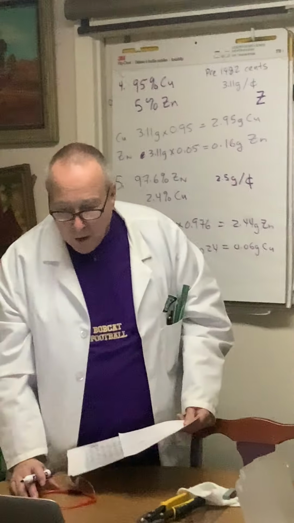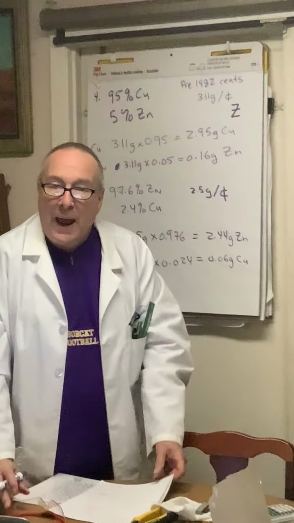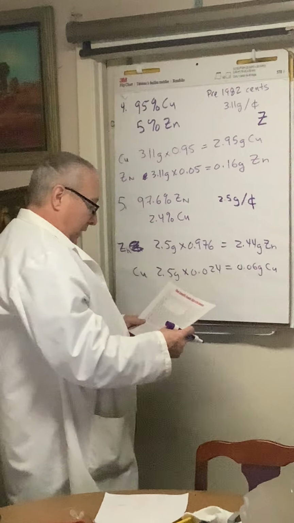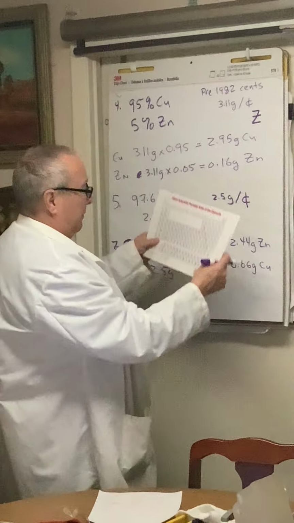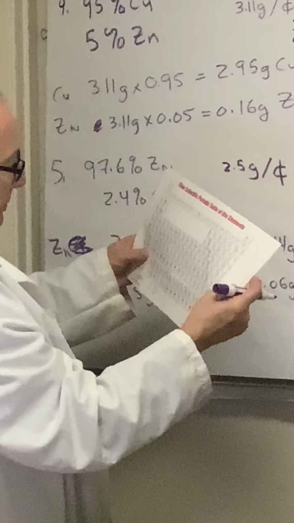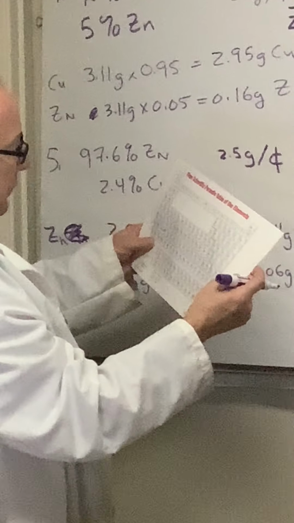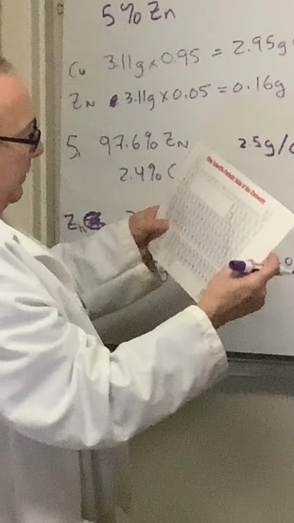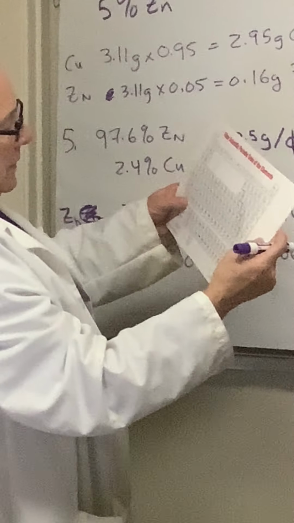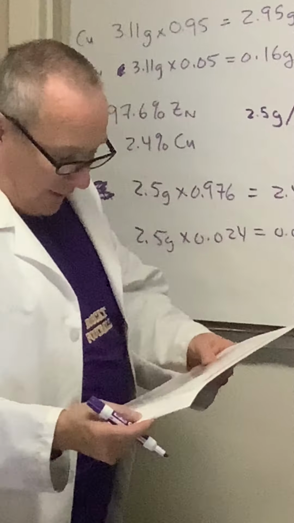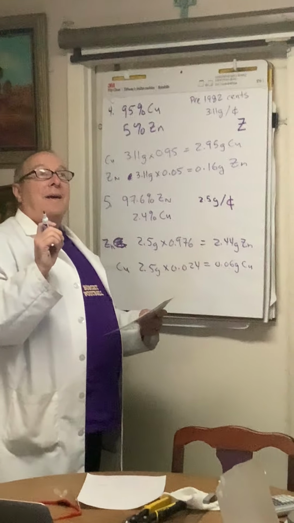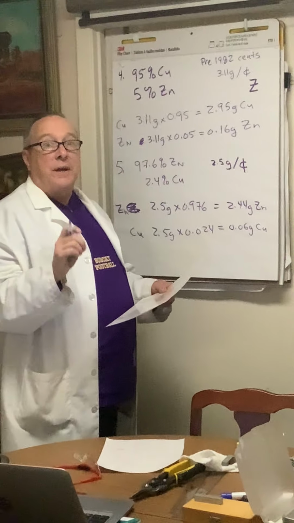So it says, why does one penny have less mass than the other? And here's why. If you look down here at zinc, it has a density of, it's very small, 7.14, and copper has a density of, I think that says 8.95, but my point is the copper is more dense than zinc.